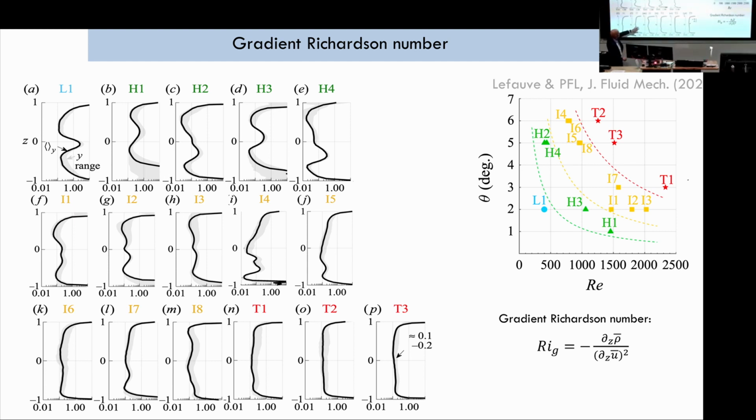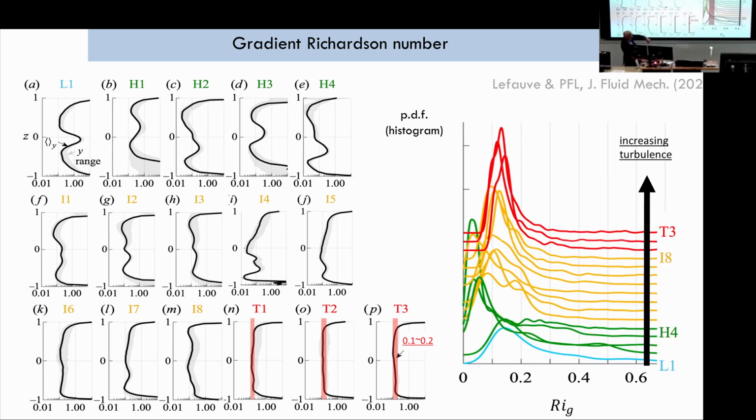These are for all the cases, but let's look at these 3 turbulent cases. We find that the gradient Richardson number is always somewhere around 0.1, 0.2. You can actually plot a histogram of it, and you find that the really turbulent cases, the ones in red, have this gradient Richardson number at these edges of about 0.1 to 0.2.